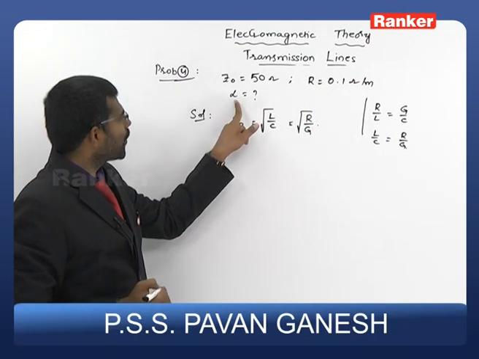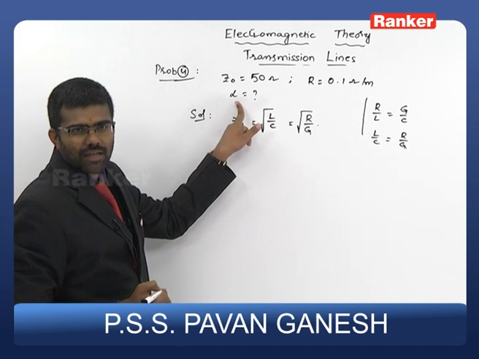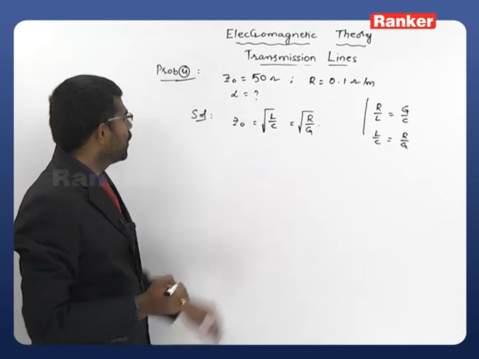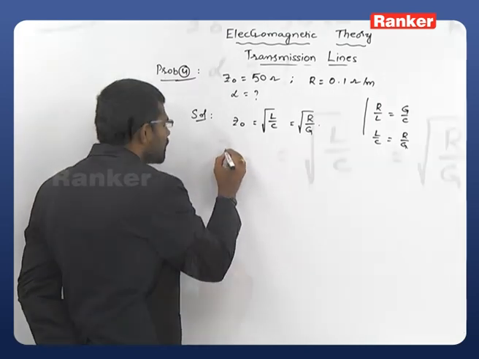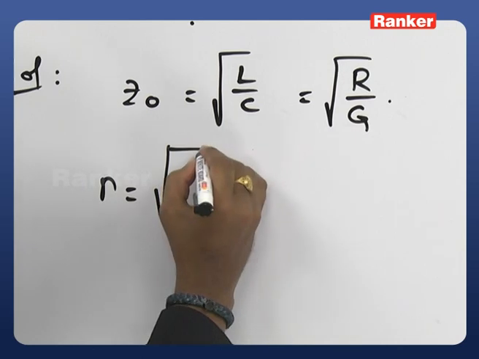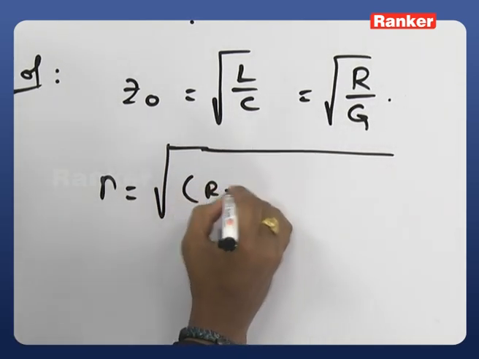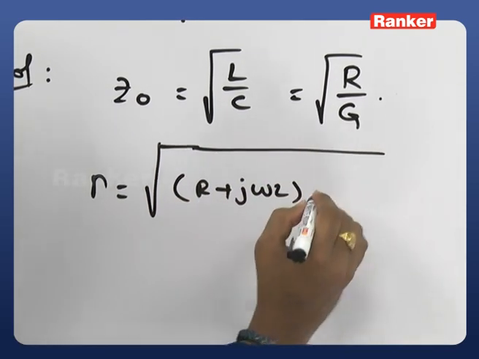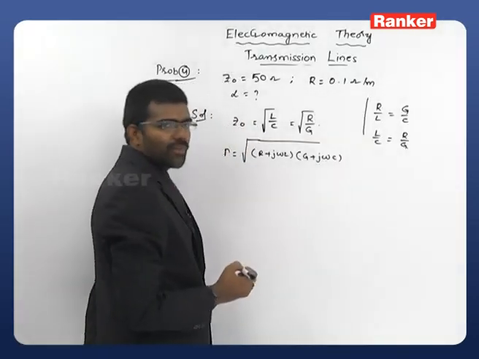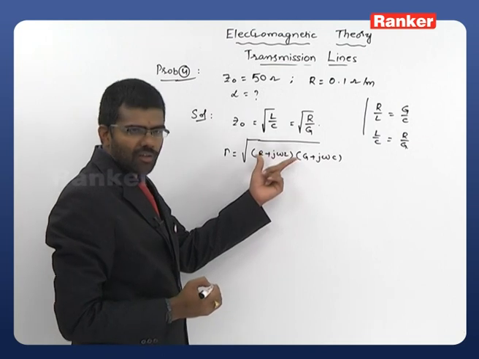Now what is the formula for alpha for a distortionless line? So the formula for alpha for a distortionless line we require. For that, consider gamma. Gamma is equal to square root of, what is that major formula? R plus j omega L into G plus j omega C is the general formula that we have.